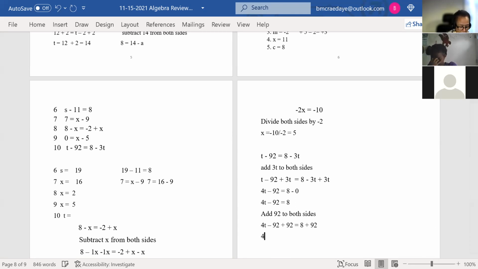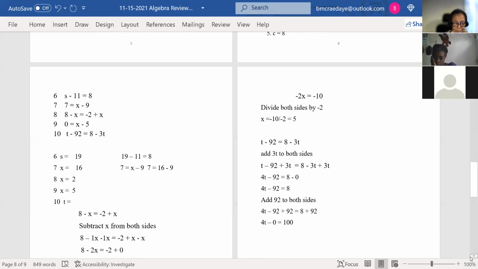So you'd have 4t, and that's minus 0. And Maureen, what's 8 plus 92? 8 plus 92 is 100. Yes, that's right. Okay, so we have 4t is equal to 100.